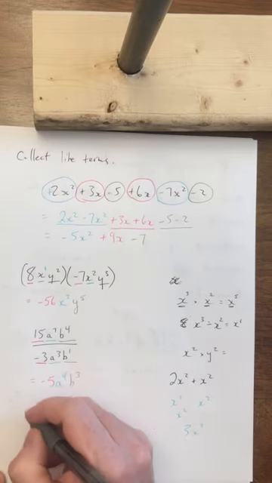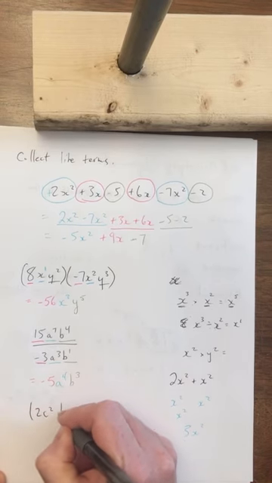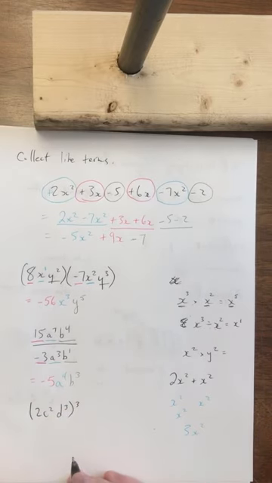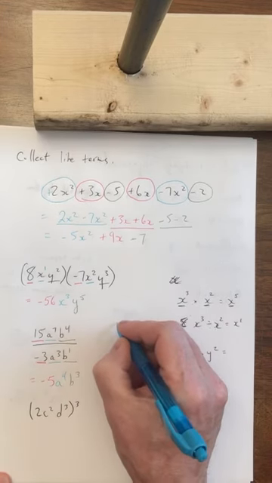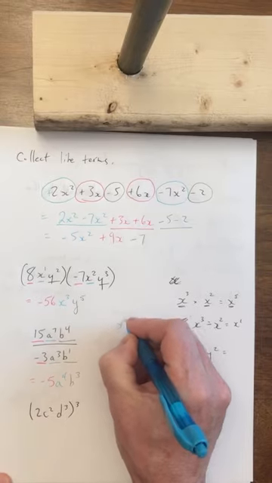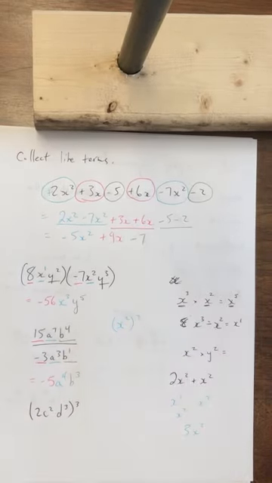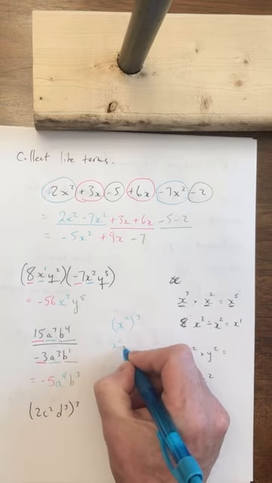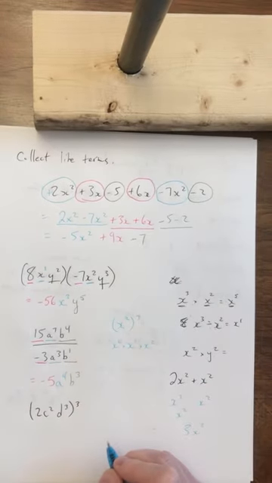All right, third example here that you've seen before is something like this. This is an exponent to an exponent. Our rule here is, if we have x squared to the power of 3, what this is really telling us is we have x squared times x squared times x squared, right?